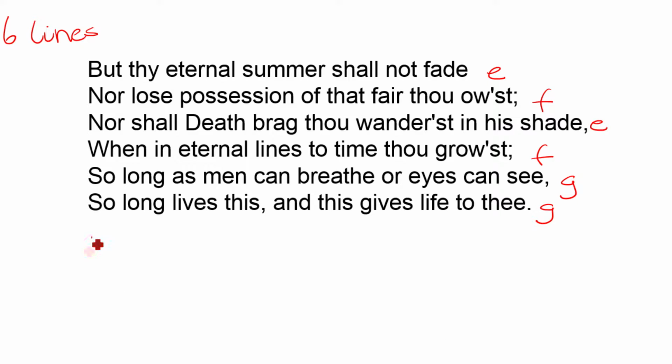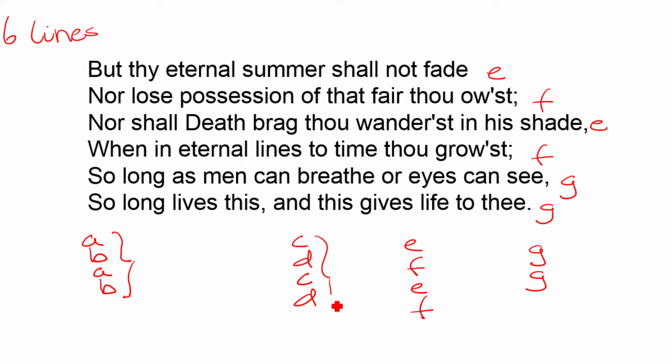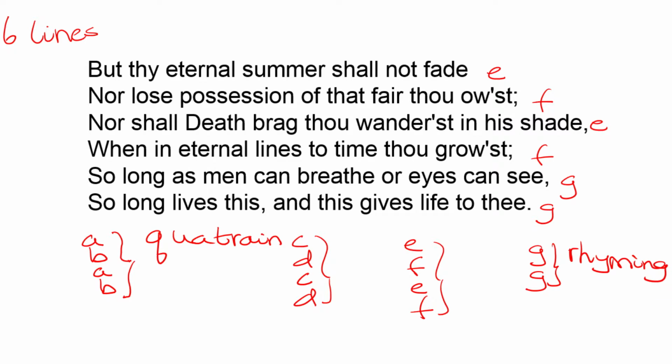That you've got A, B, C, D, C, D, E, F, G, G. You can see that these 4 lines go together with the rhyme, so do those, and so do those. So 4 lines are called a quatrain. This is 2, so it's called a couplet, and it rhymes, so it's called, quite obviously, a rhyming couplet.